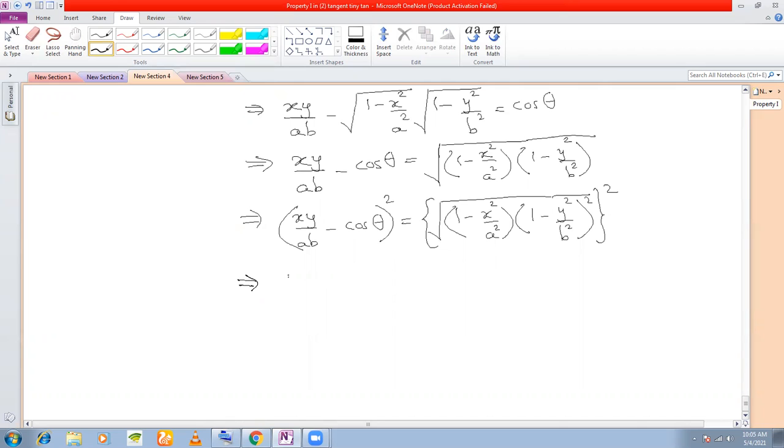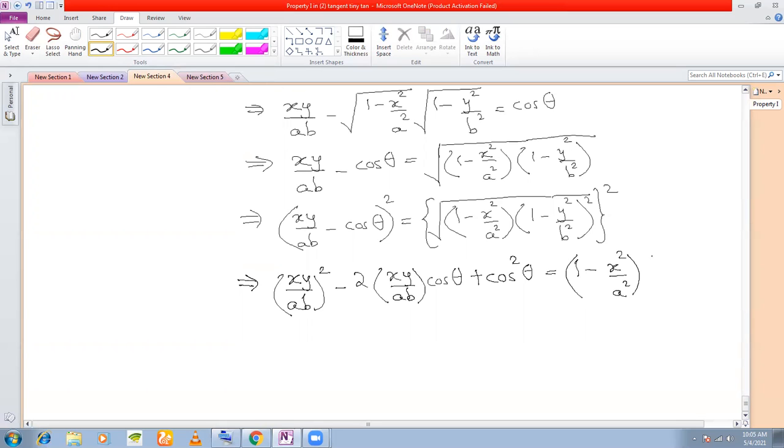So if you expand this by a minus b whole square formula, you get a square minus 2ab plus b square is equal to, and this simply becomes 1 minus x square by a square into 1 minus y square by b square. Okay, this is what you're going to get.